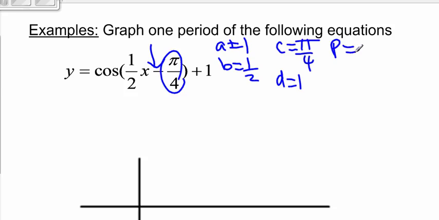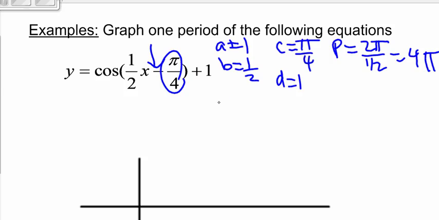So our period, since this is cosine, is going to be 2 pi divided by 1/2, which would be 4 pi. Okay. Remember, you flip the fraction and multiply.